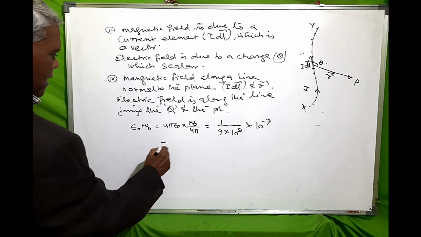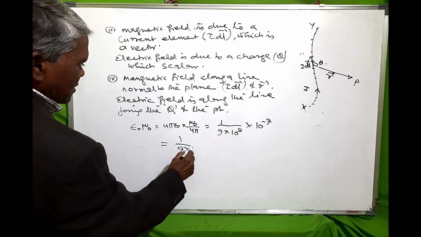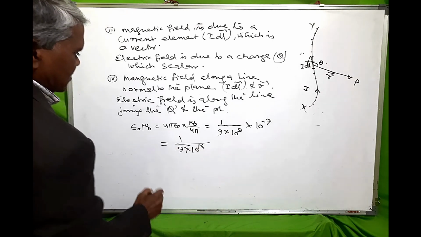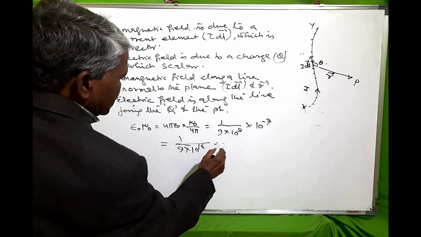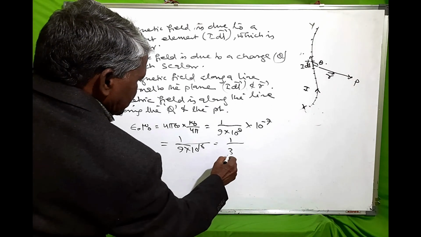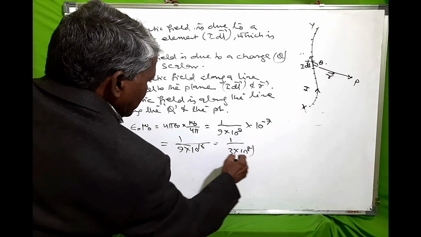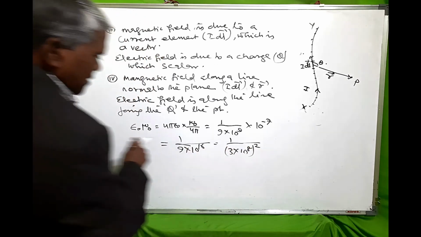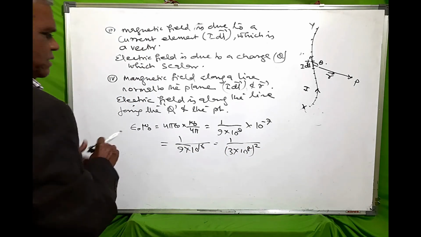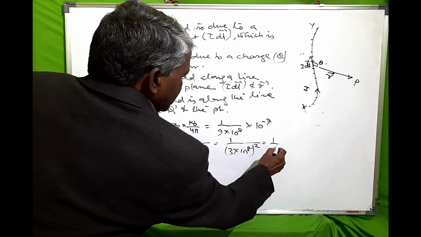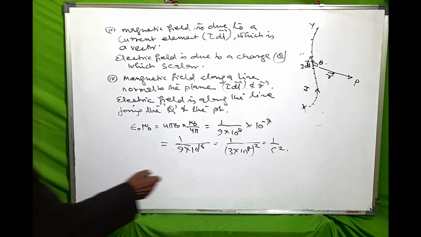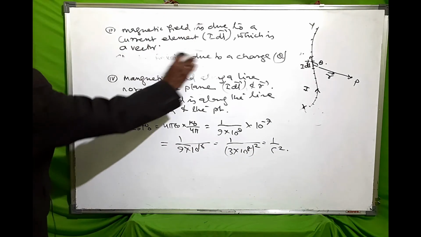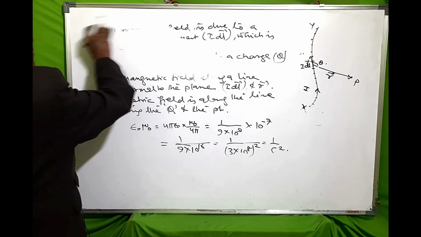So it is 1 by 9 into 10 to the power 16, which is 1 by the square of 3 into 10 to the power 8, that is 1 by c square, where c is the velocity of light or velocity of electromagnetic wave.